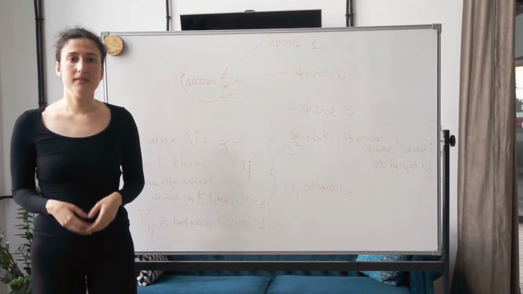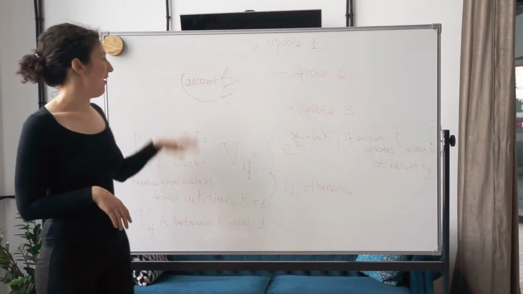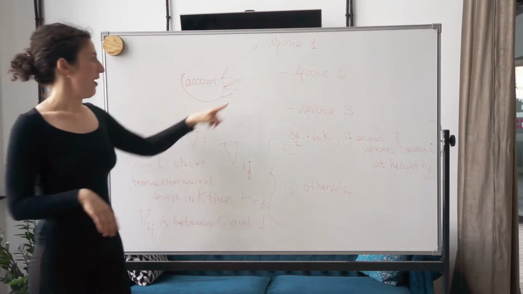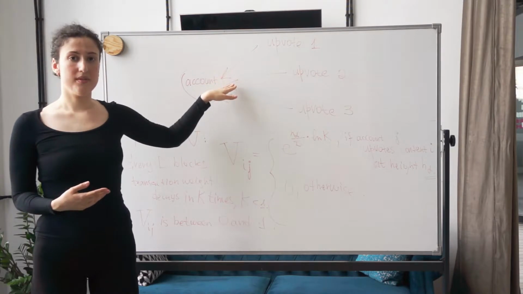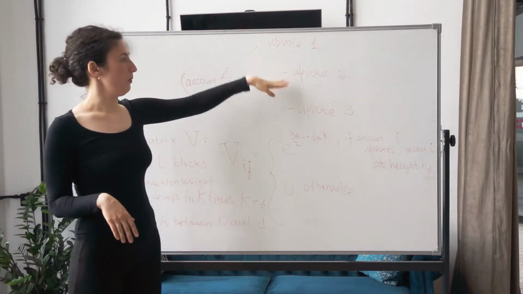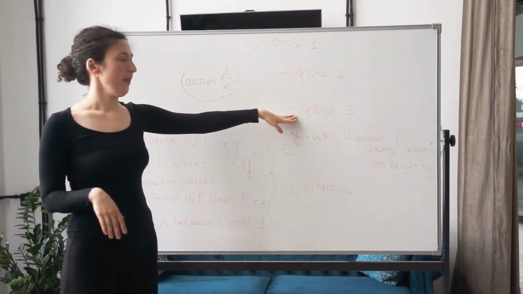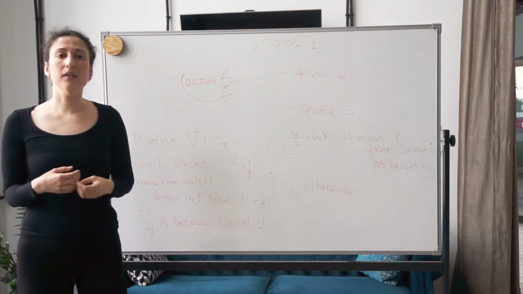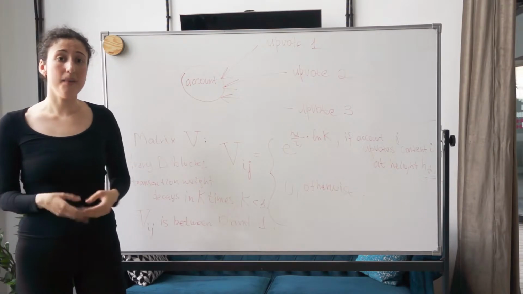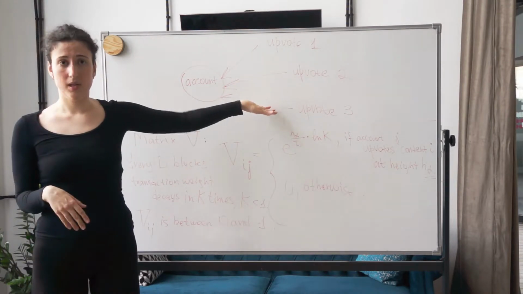Let's consider this visual analogy. This is your account, and these arrows denote the incoming upvotes from other users, right? Like upvote 1, upvote 2, and upvote 3. This is really important to understand: your social rate is calculated based only on the incoming activity from other users.